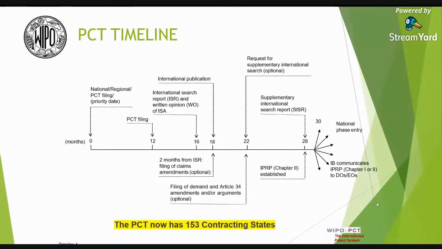So we saw yesterday that there are 153 contracting states to PCT. As you can see here, there is a zero or priority date, and from there 1 year. Once you file a provisional, you can have a PCT filing date in the first 12 months.